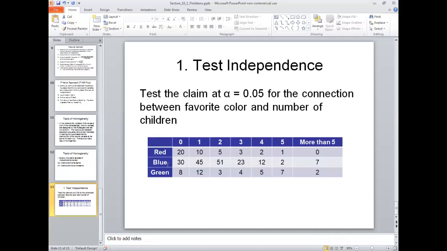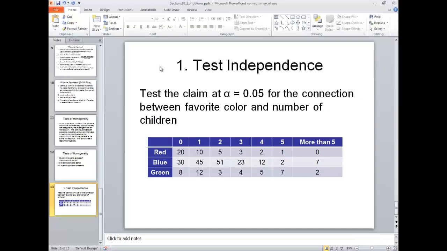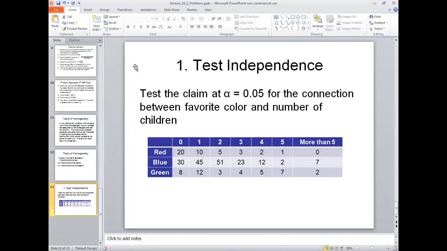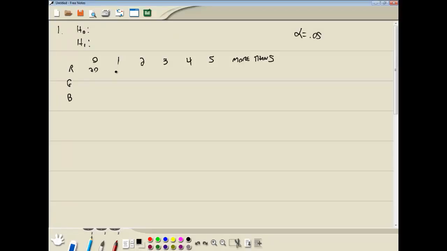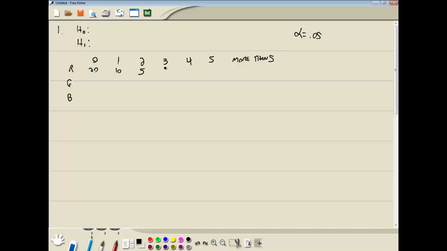So we're looking at favorite color versus number of children that they have, and seeing if they're independent, dependent, and so forth. Now I'll use independent and dependent, but we'll see that it's worded slightly differently. So more than 5. Okay, we've got 20, 10, 5, 3, 2, 1.